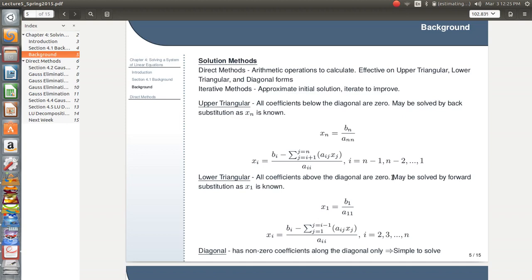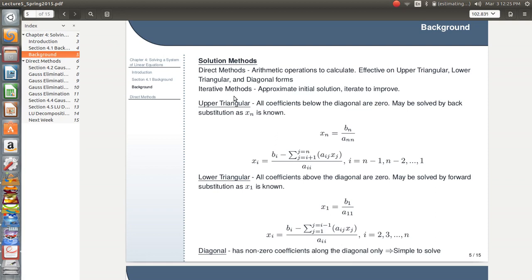If your matrix is not in that form, though, then we may have a problem that's a little intractable, and as we've discussed before, that's exactly where you want to use numerical methods. In numerical methods, then, we generally perform an iterative method. This gives us an approximate solution, and then we can iterate to improve it.